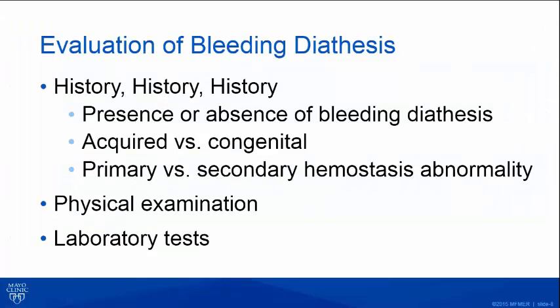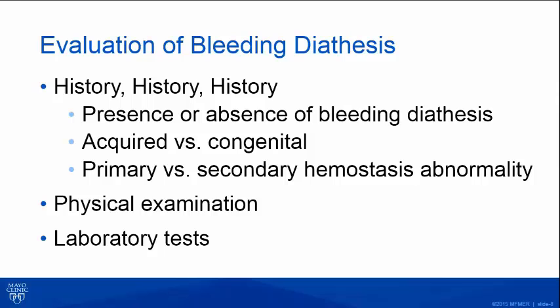So in the workup of a bleeding patient, the number one task is history, which is of paramount importance. It will clue you into whether this patient actually has a true bleeding diathesis or not, because sometimes the complaint is rather nonspecific.